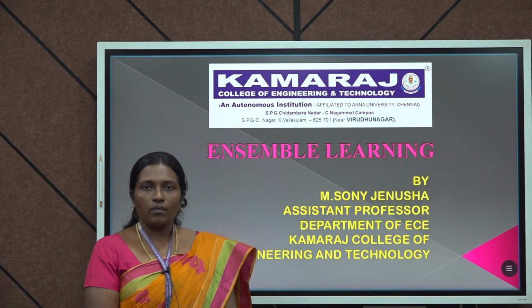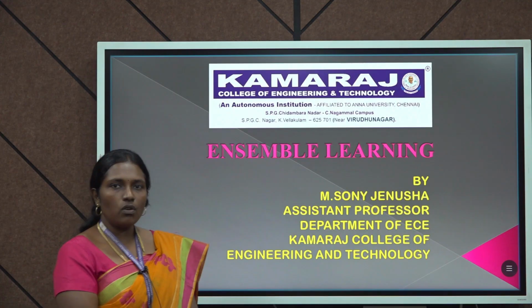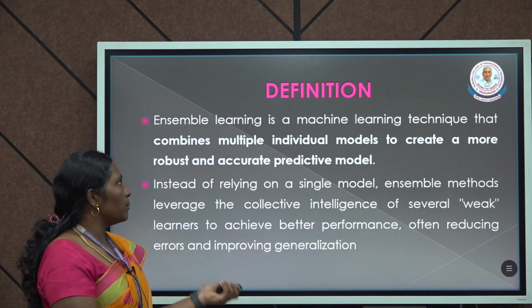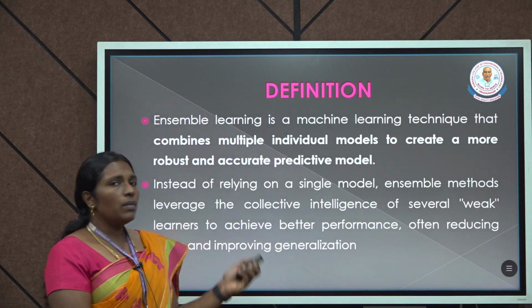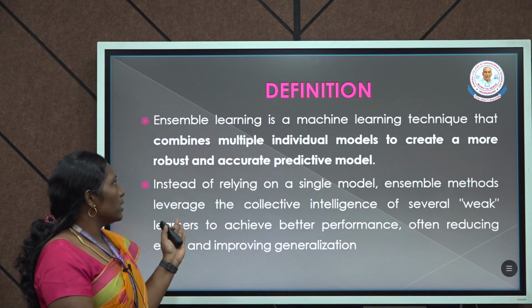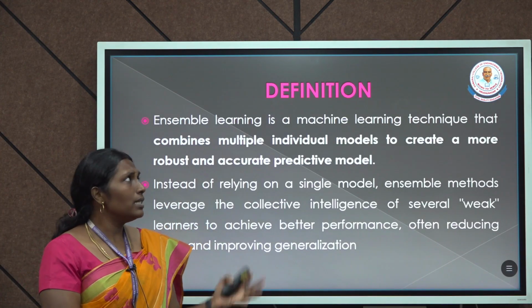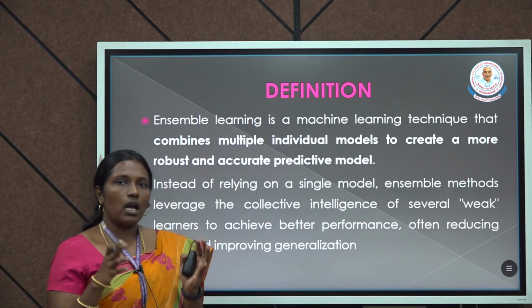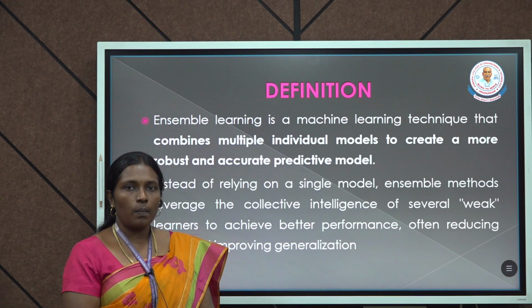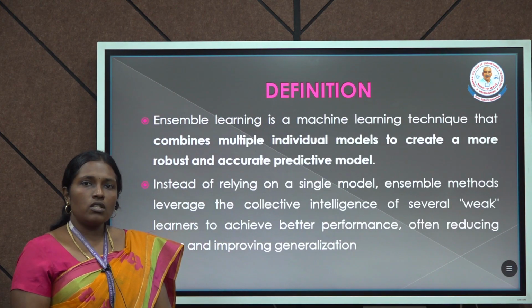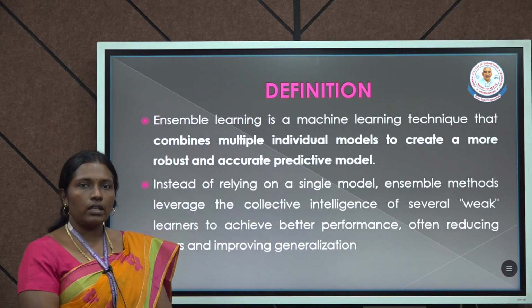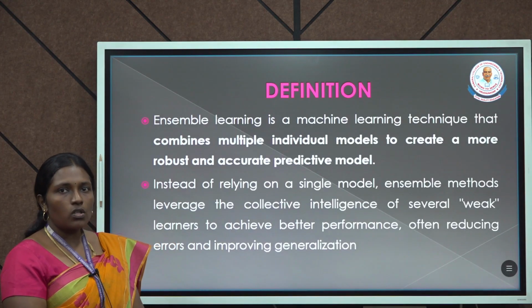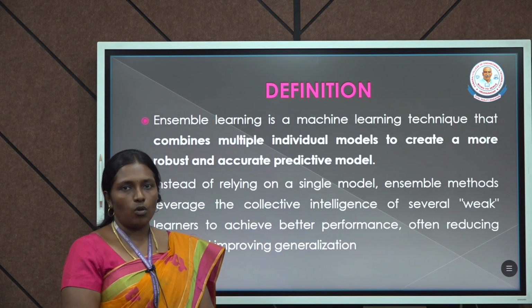In a similar way, let me give you a definition of ensemble learning. Ensemble learning is a machine learning technique that combines multiple individual models to create a more robust and accurate predictive model, so that we can get the best output.